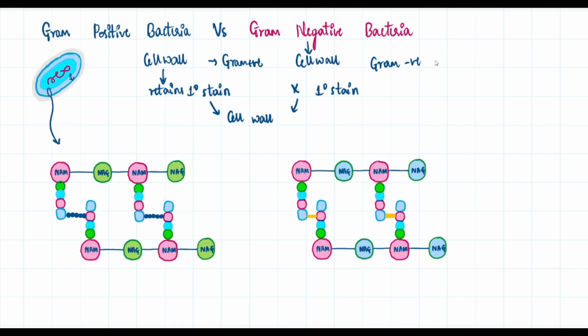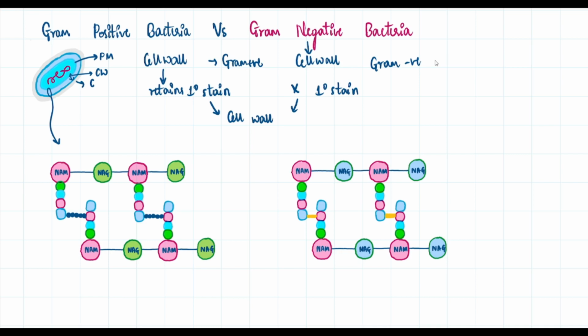But there is a difference. This is the plasma membrane, and this layer is the cell wall, and the outermost layer is the capsule. These are the three protective layers of a typical bacteria, both gram-positive and gram-negative. But the difference lies in the cell wall.